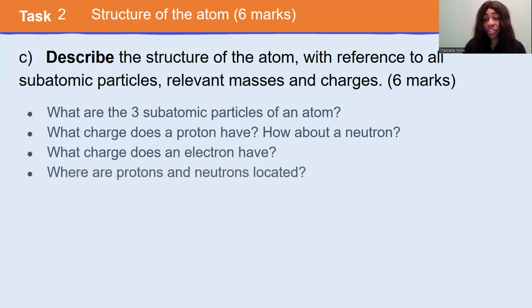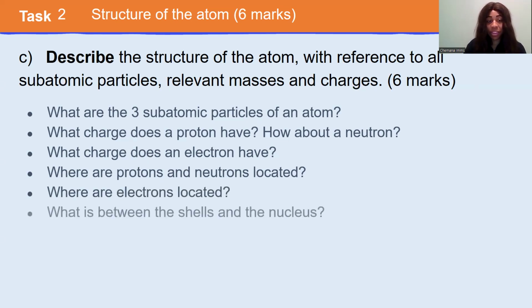Where are protons and neutrons located? And then where are electrons located? What is between the shells and the nucleus? Okay, so if you pause this here, these are the 6 points that I'd like you to cover in this question. It's going to take you roughly about 6 minutes to do. If you pause the video here, the next slide, we will go through the answers.